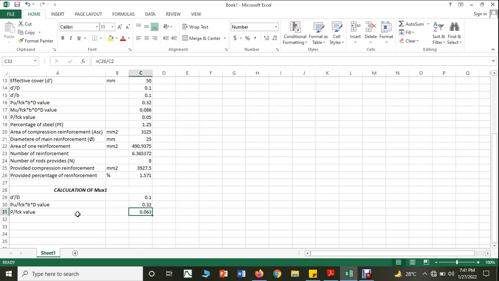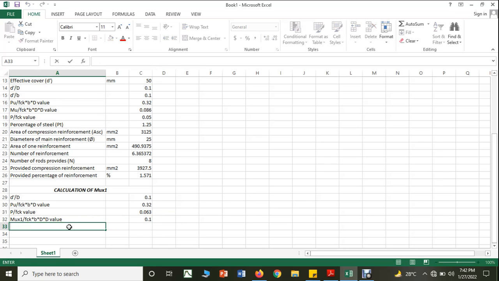I can get Mux1 by fck b d square value, which I am going to get from the chart, and that will be equal to 0.1.